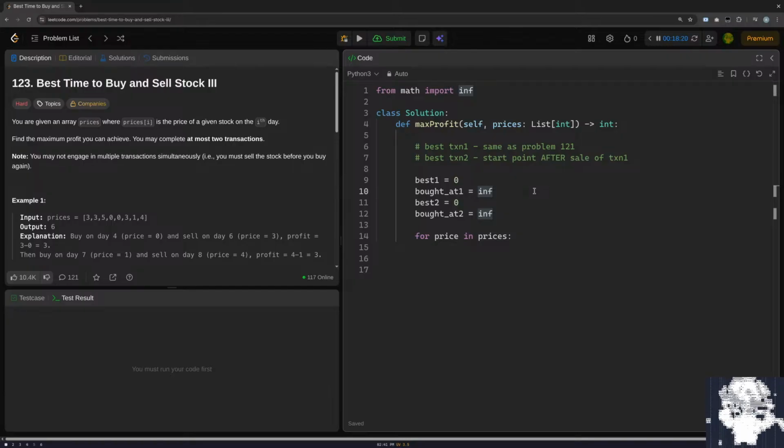We've got to remember, do we have to remember for holding? No, there's no such thing as holding here. Okay, so the other thing we need is, when did the first transaction end?